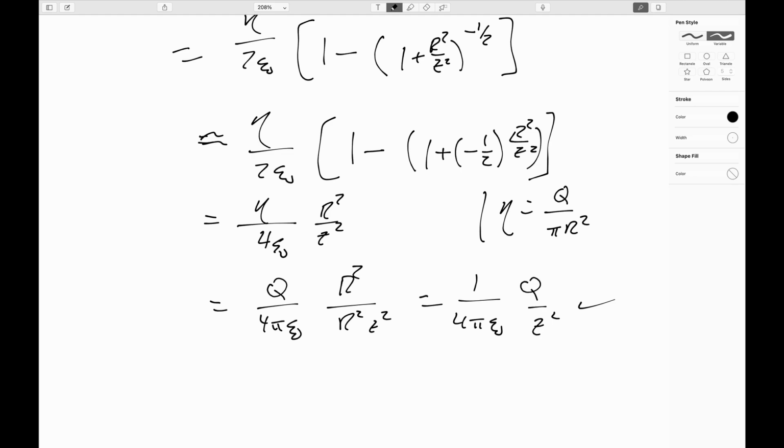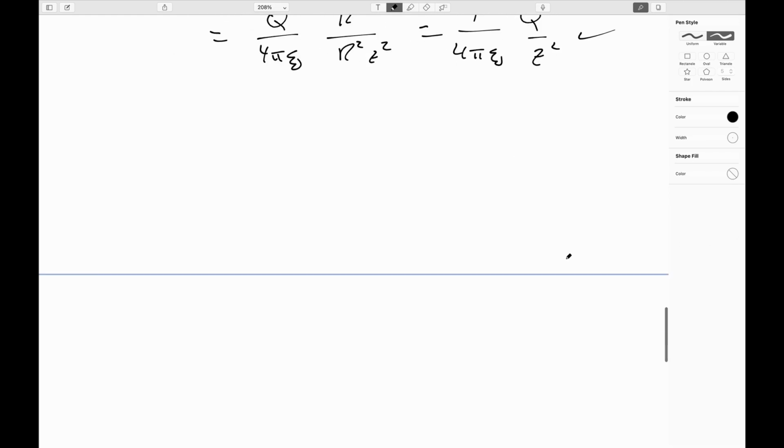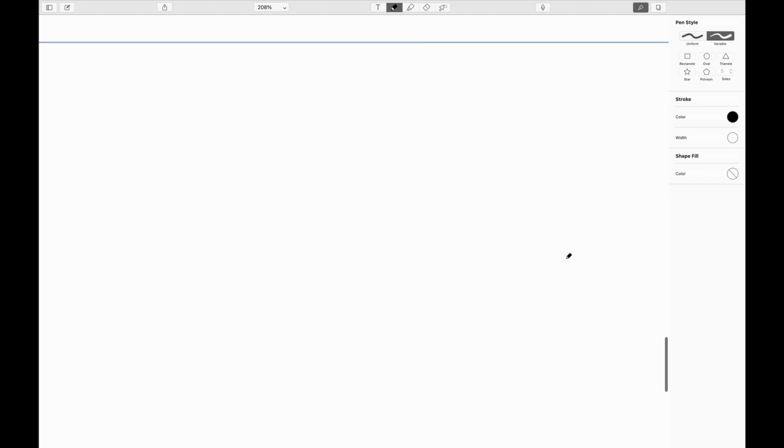All right, so the limiting case works. But what might be more interesting is that there's still another limit we can do. We can think about a plane of charge. And of course, this is going to be an infinite plane of charge.